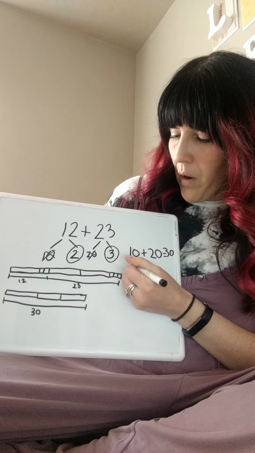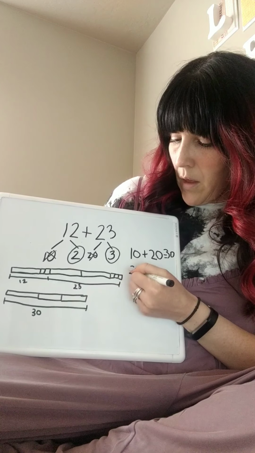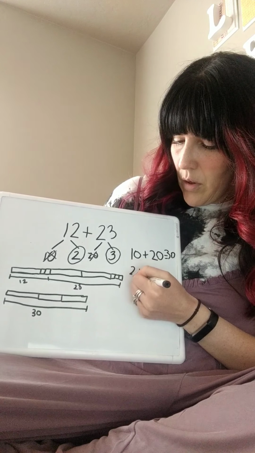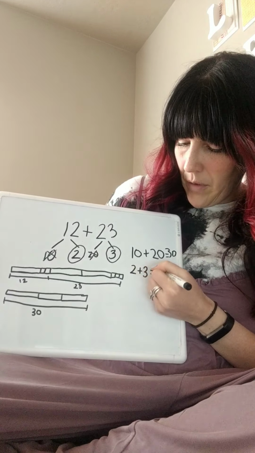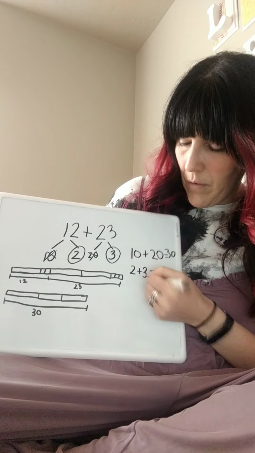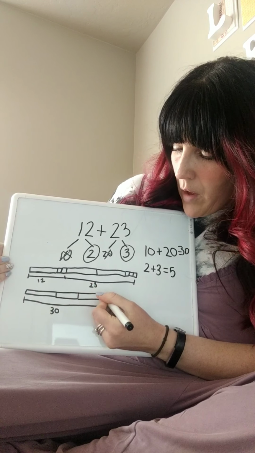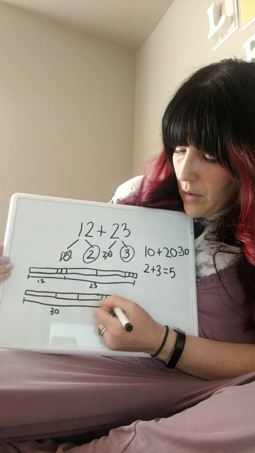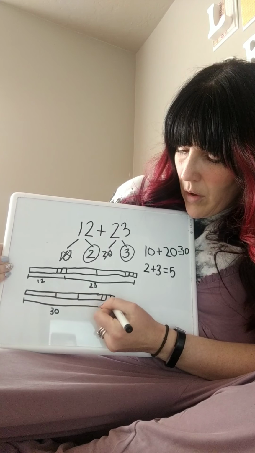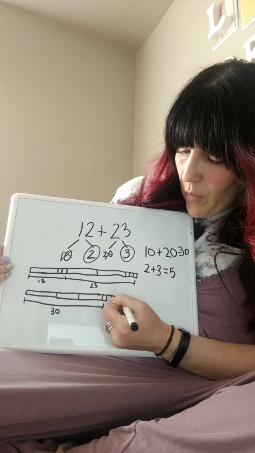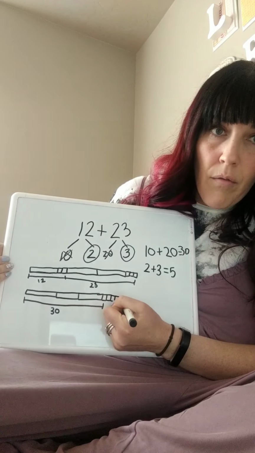So my next part is 2 plus 3 equals 5. So I'm going to add those onto my bar model. So there's 1, 2, 3, 4, 5.